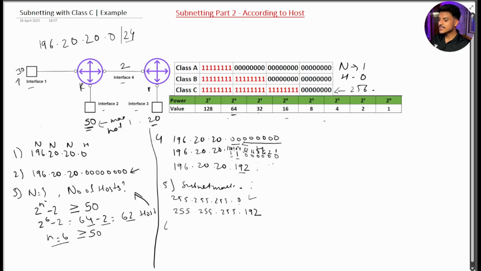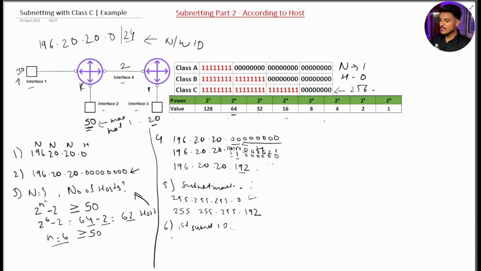Now in step 6, we have to find our first subnet ID. The first subnet ID will be similar to the network ID itself. So it is our network ID, and the first subnet ID will be similar to this only, so it will be 196.20.20.0. But by default 24 bits are given to network.